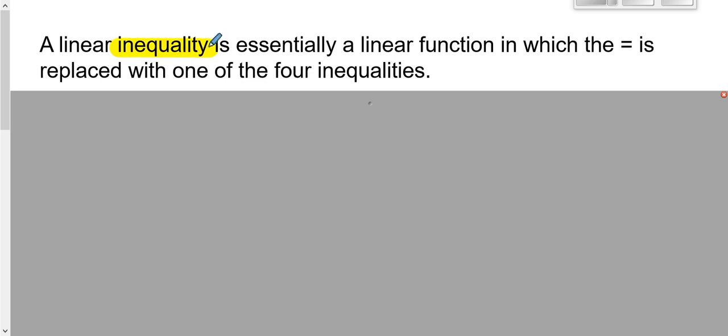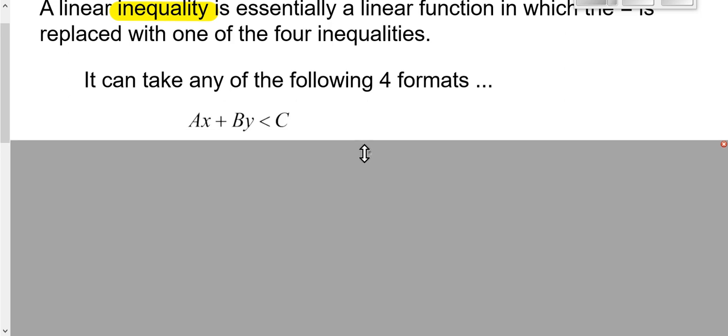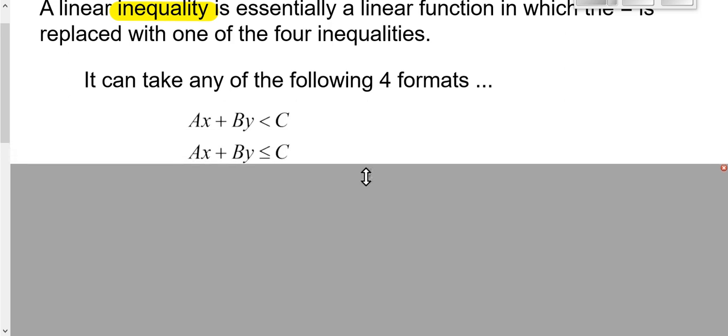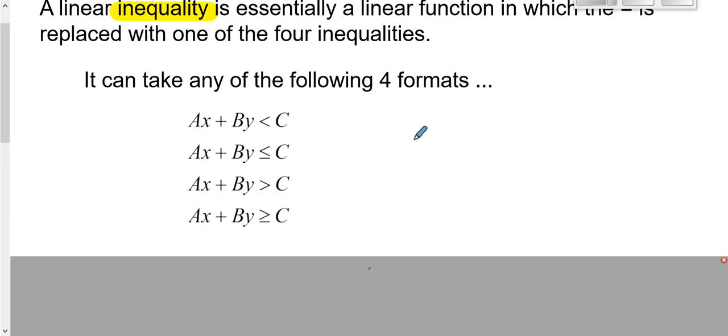So you see the inequality signs in the second, so therefore we do not have the equal sign. So there are 4 different types of inequality signs. So these are the 4 types.